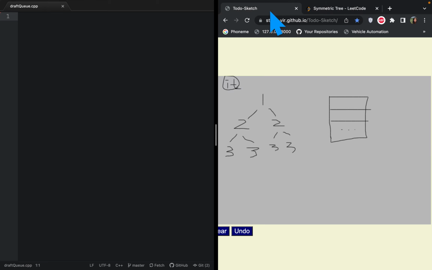So let's walk through this case using a queue. Okay, so starting from the first root, we want to put the root in there. Because this is going to return a Boolean value, which is to evaluate if left equals right, we need two nodes to evaluate in each step.